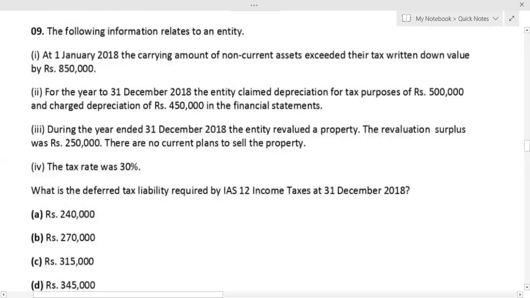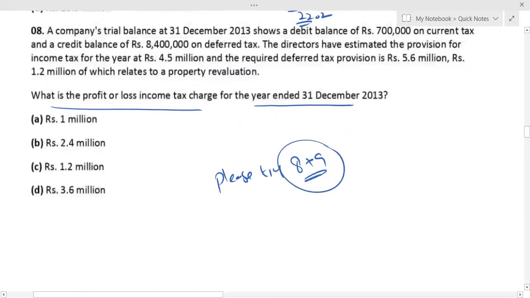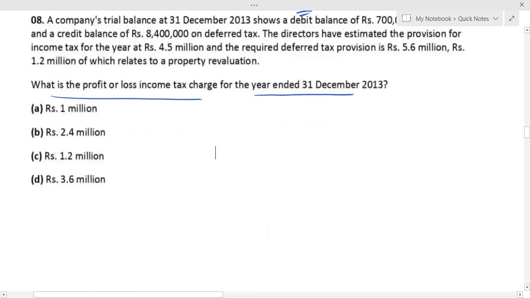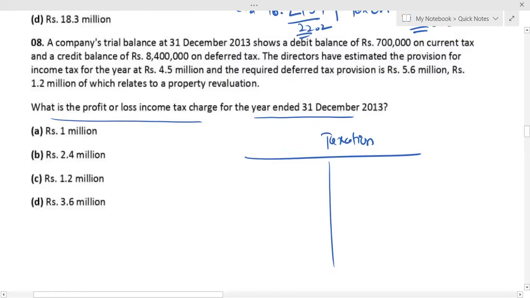Okay, students, let's see. Question number 8. Just prepare the taxation T account. A company's trial balance on December 2013 shows a debit balance, meaning under provision, 0.7 million.